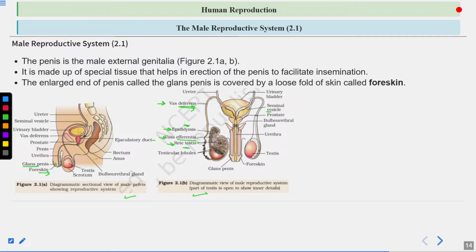Vas deferens will carry the mature sperms because sperm maturation takes place in the epididymis. Clear?